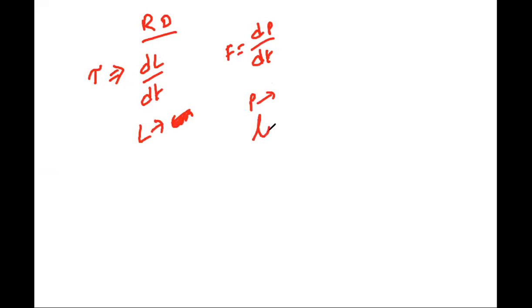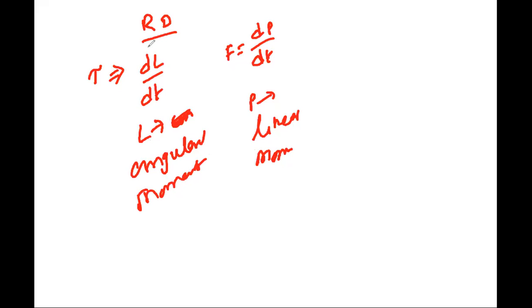P is linear momentum, right? L is actually angular momentum, because the angle is changing. So P is linear momentum, L is angular momentum.